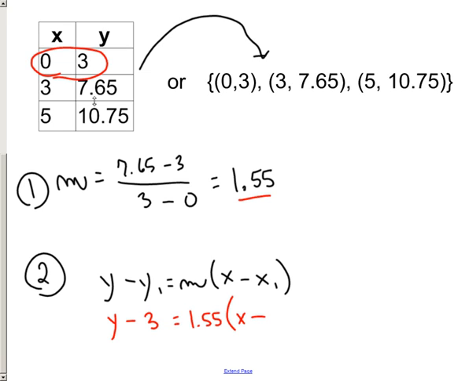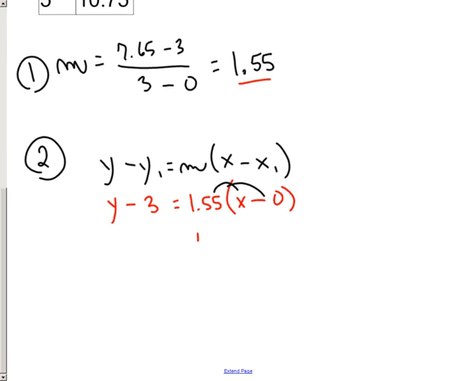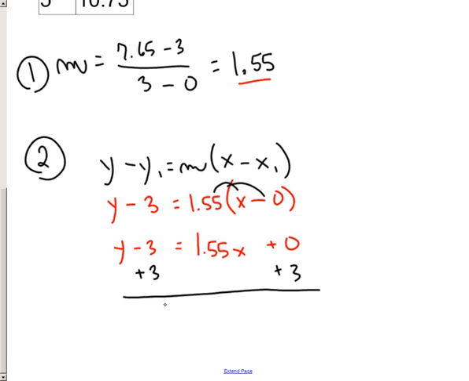And then x minus, because I use this 3, I have to use the 0. X minus 0. We distribute, and now I can add 3 to both sides. And I'm done. I have a very nice and usable rule or equation.